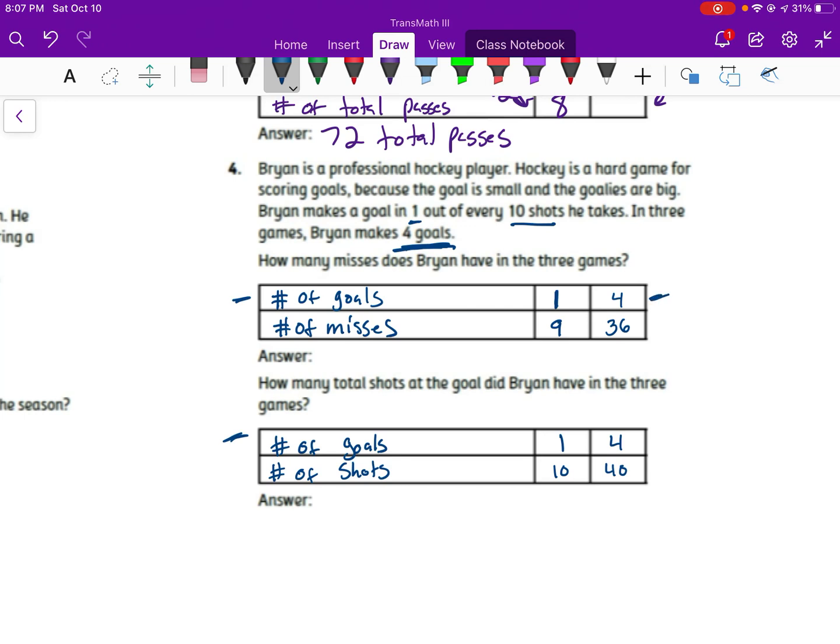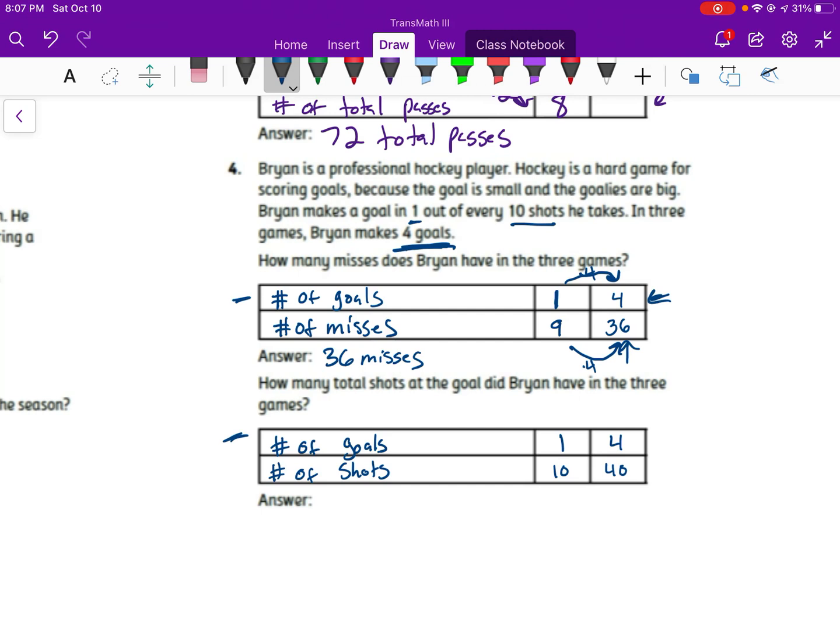So that's where we're getting that. And then this is the part that would be unknown. Okay, so using that horizontal strategy in this case, I would say times 4, times 4. 9 times 4 is 36. So he has 36 misses in that 3-game span.